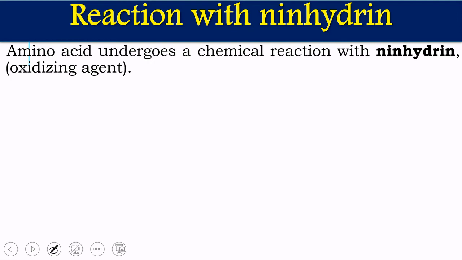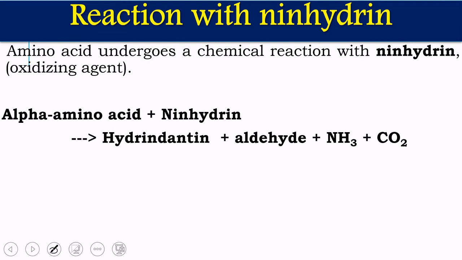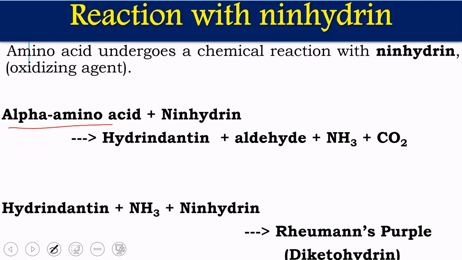Ninhydrin is chemically an oxidizing agent. This reaction occurs in two steps, and this is the overall reaction. In the first step, the alpha amino acid reacts with ninhydrin and gives hydrindantin, a partially reduced product, and the amino acid is ultimately converted to aldehyde, ammonia and carbon dioxide.